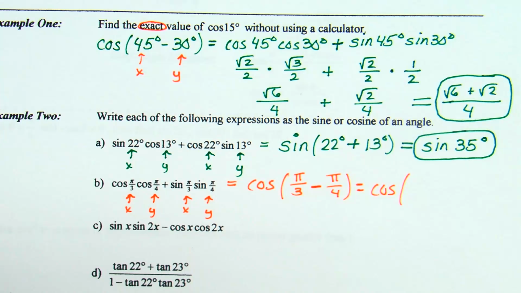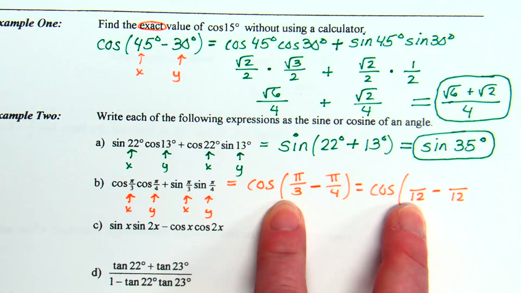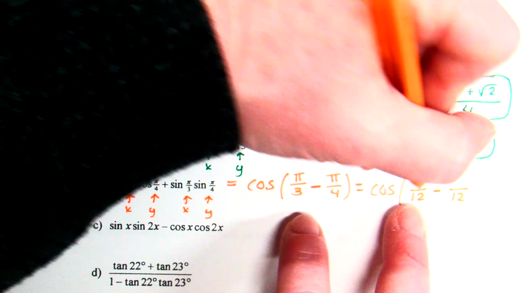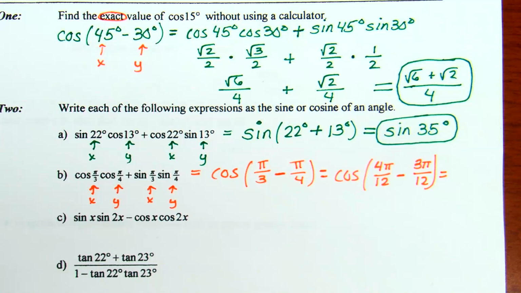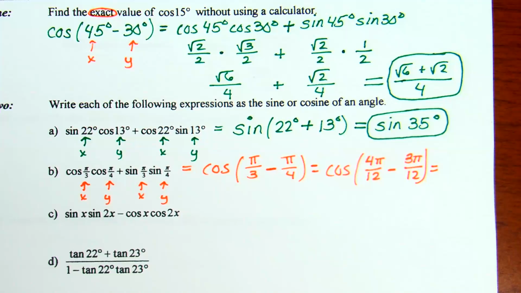Don't worry about the pi, we're just going to plop it in there. 3 times what is 12? 4. So 4 times pi is 4 pi. 4 times what is 12? 3. So 3 times pi is 3 pi. Sorry, it got hard for a moment and forced you to do fractions. So what is 4 pi over 12 minus 3 pi over 12? 1 pi over 12.